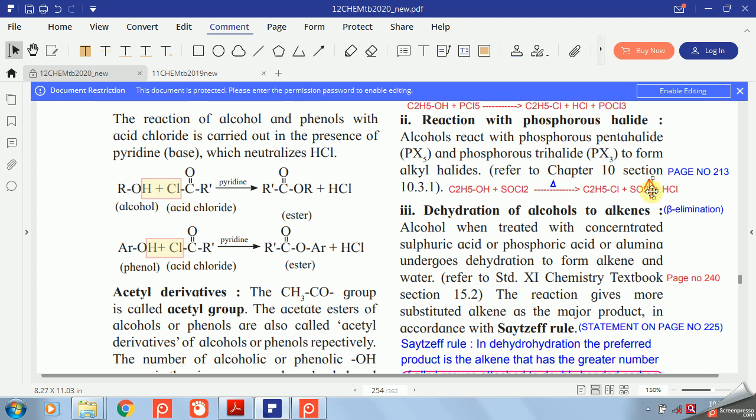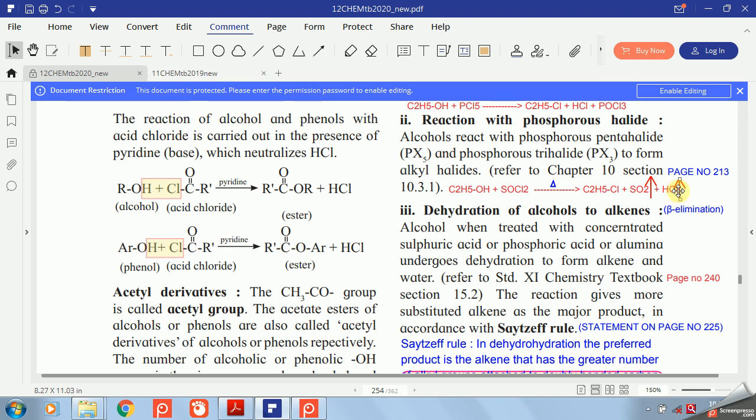So you have to use this as a reagent for preparation of your alkyl chloride, because this is the best reagent.